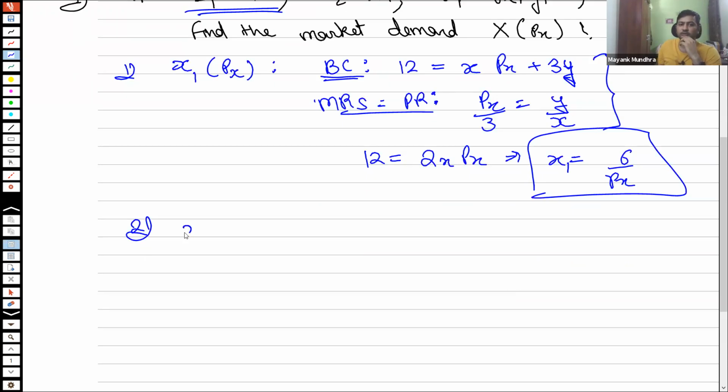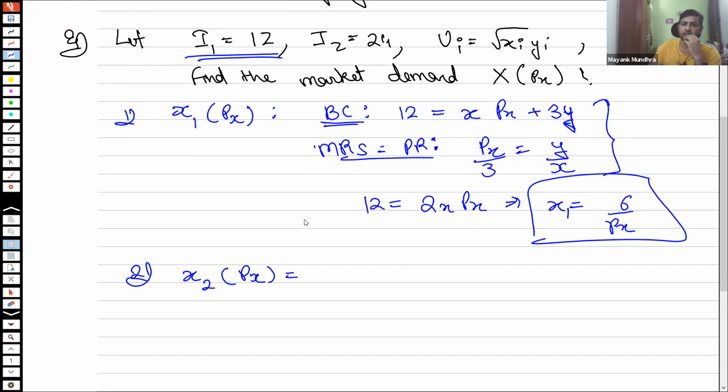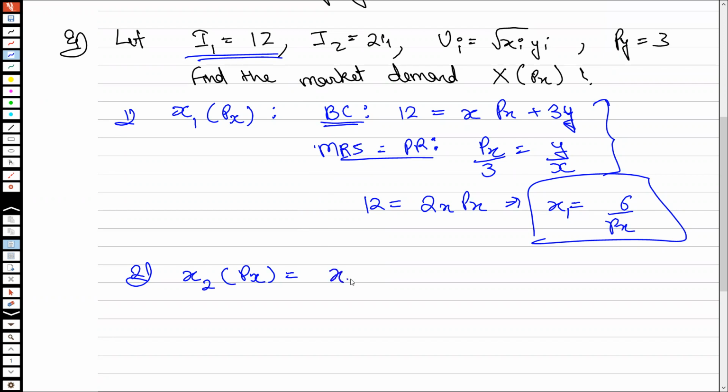Similarly, for person 2, give me x2 as a function of px. Sir, x2 equal to 12 by px.